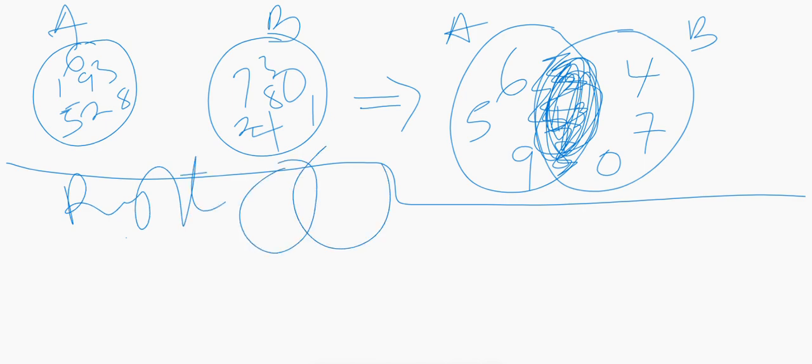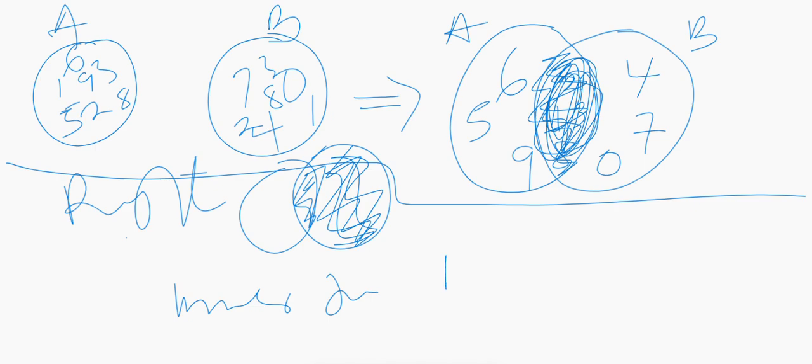Give me everything from inner join, then give me everything that is remaining on B. That's just it. So that is inner join plus what is remaining on the right. That is right join.